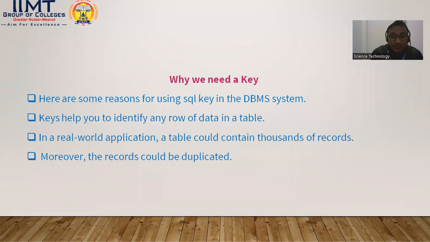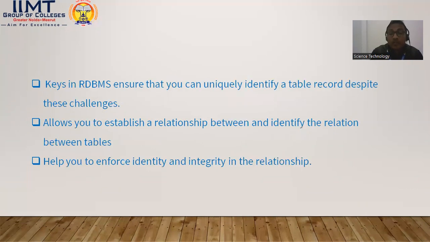In the banking system, the account number. In the income tax department, the PAN number. Every citizen, every person, every student has a unique number. These are the primary key attributes for uniquely identifying a record.